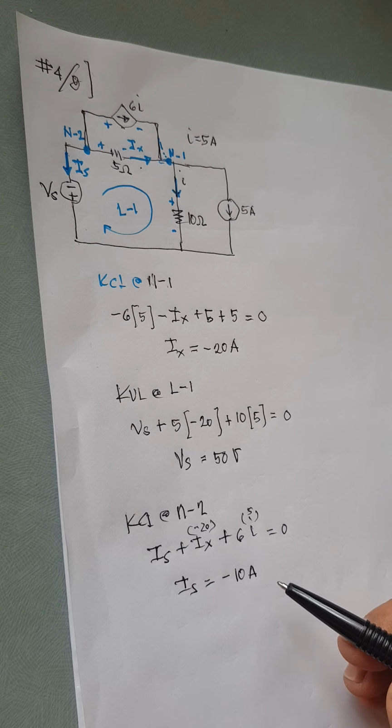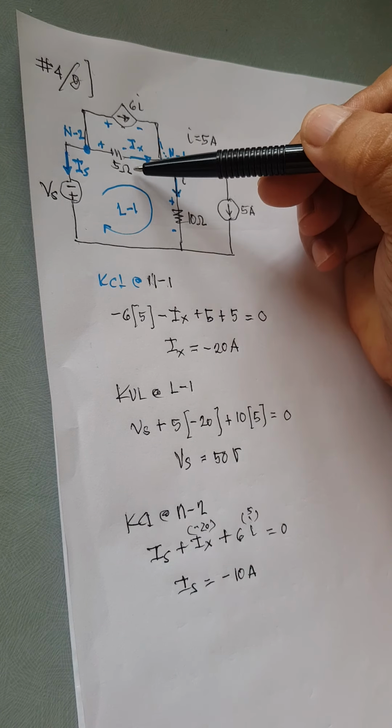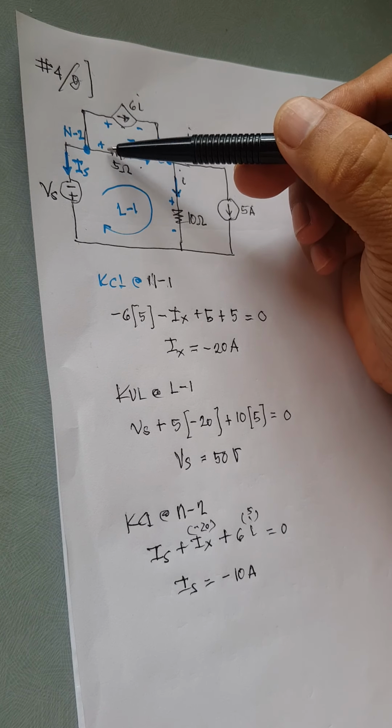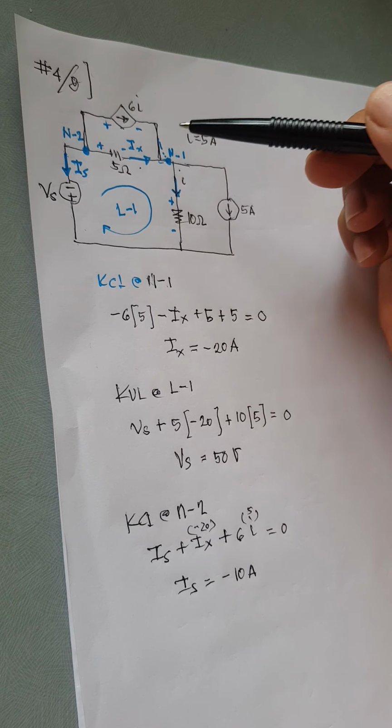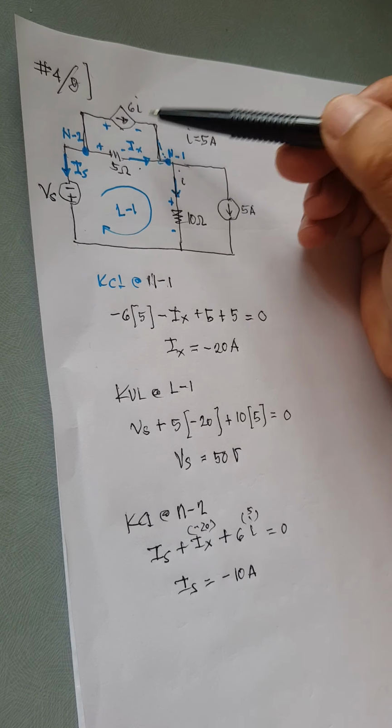Okay, so voltage of 6I. Voltage of 6I is just the voltage across 5, right? So since it's positive terminal, that's also positive terminal because they're in parallel. Negative terminal, negative terminal.